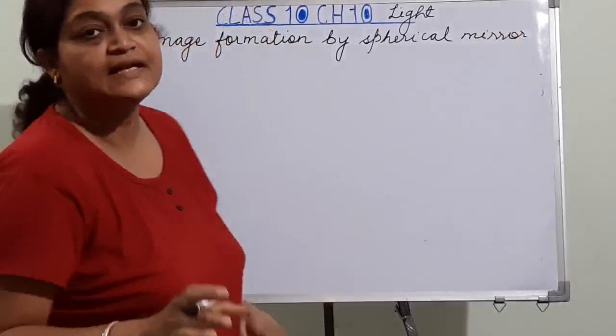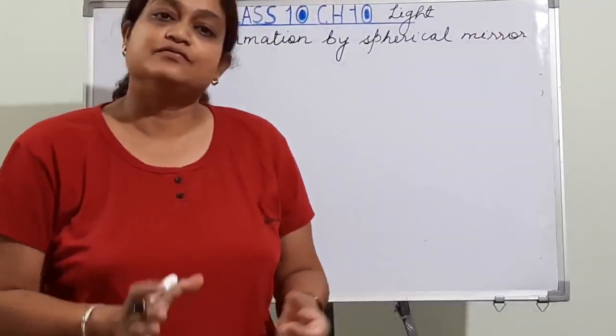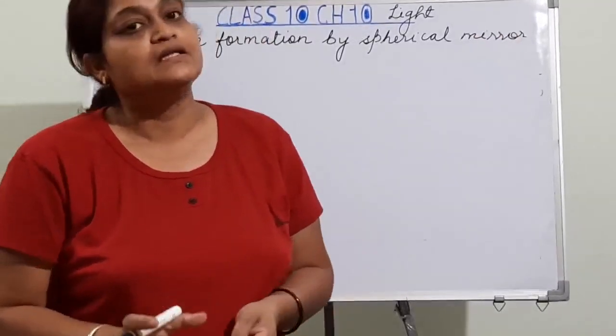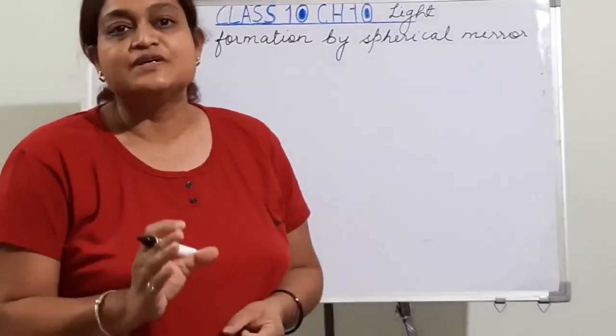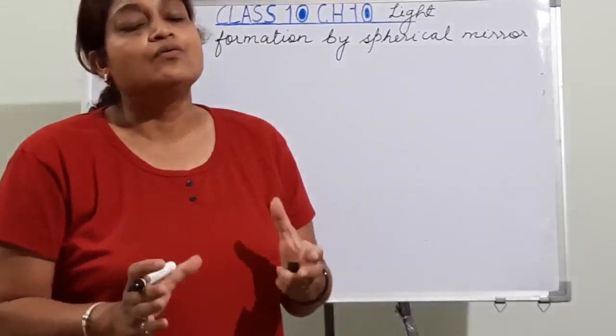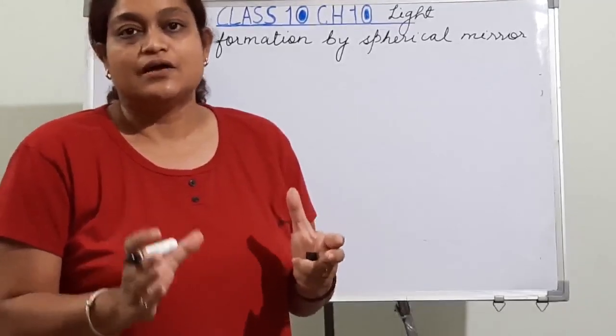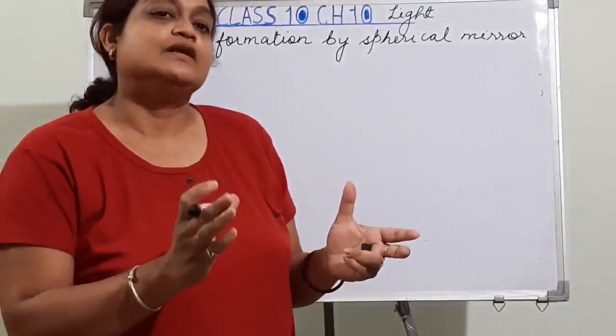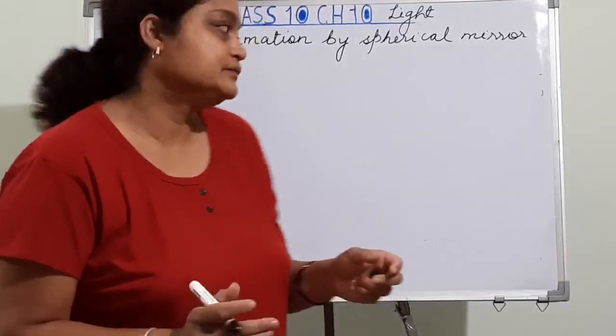So we all know that there are two types of mirror. First is concave mirror, another is convex mirror. So first we'll study how the images are formed in case of a concave mirror.